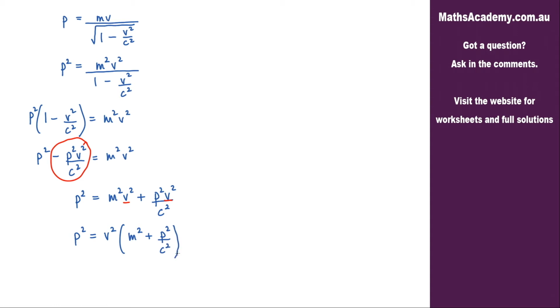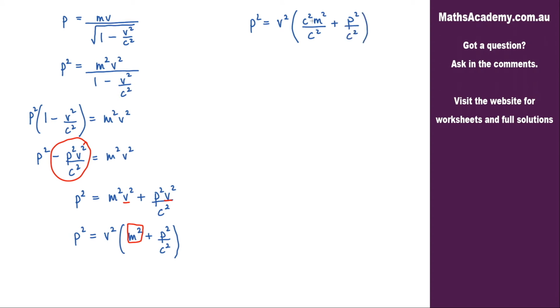Now just to tidy things up a little bit, and you don't have to do this step, but what I'm going to do is multiply this term here by c squared over c squared, just so I can get a common denominator. So what I'm going to get is that p squared is equal to v squared, and then in brackets I will have c squared m squared over c squared plus p squared over c squared.